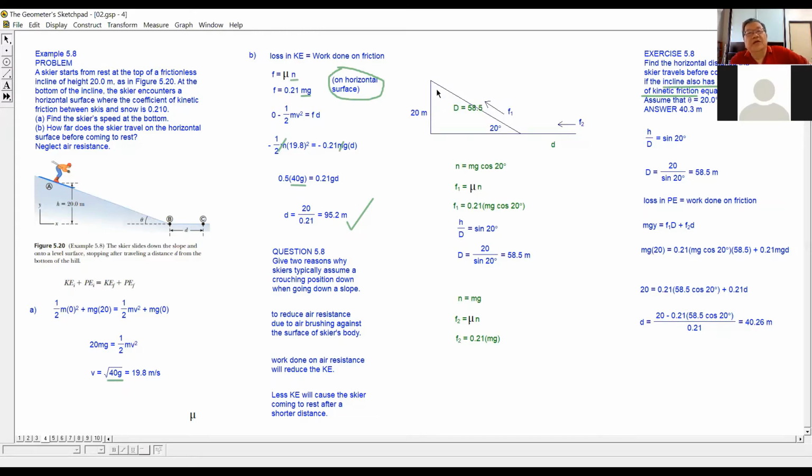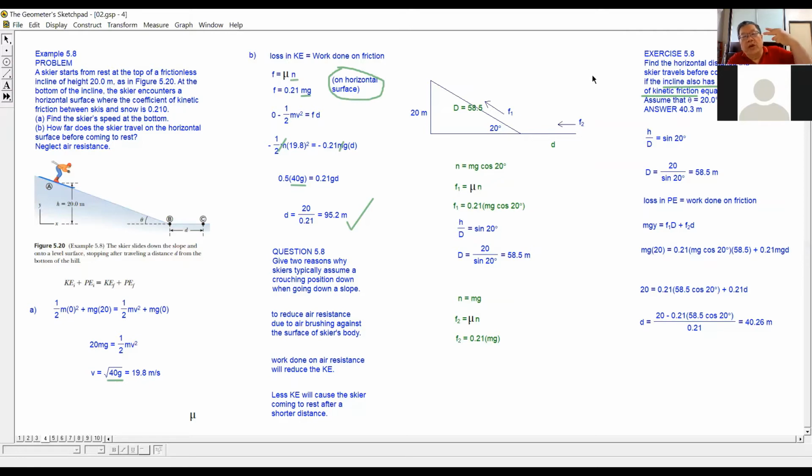I've drawn a slope and also a certain horizontal distance. How much distance along the slope we don't know, but we now know that along the slope there is a friction. I call this frictional force F1. Along the horizontal surface there is also friction, which I call F2.